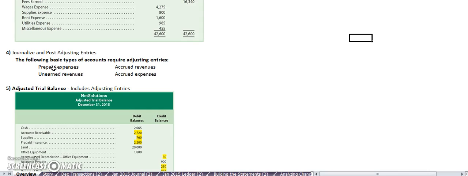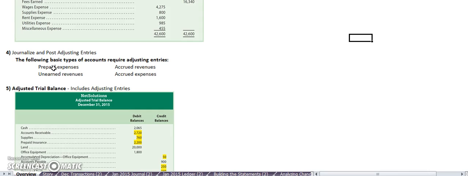Unearned revenues are the advance receipts of future revenues and are recorded as liabilities when cash is received. Accrued revenues are unrecorded revenues that have been earned and for which cash has yet to be received. Accrued expenses are unrecorded expenses that have been incurred and for which cash has yet to be paid. Okay, so those are the formal definitions.